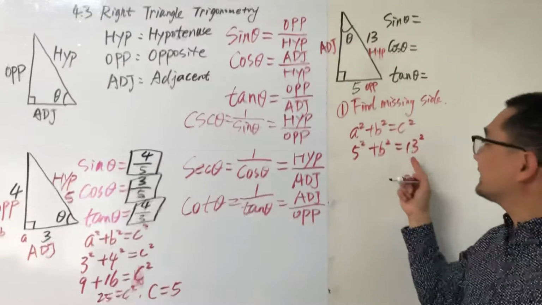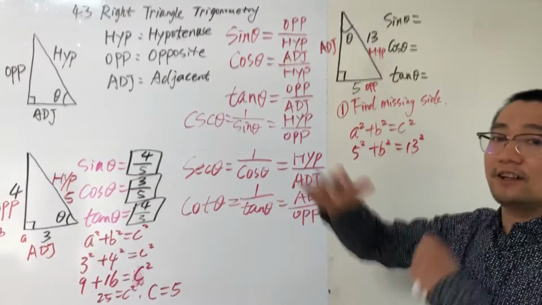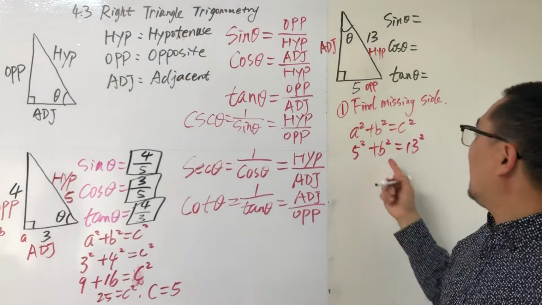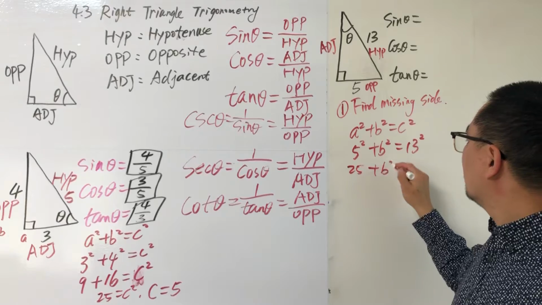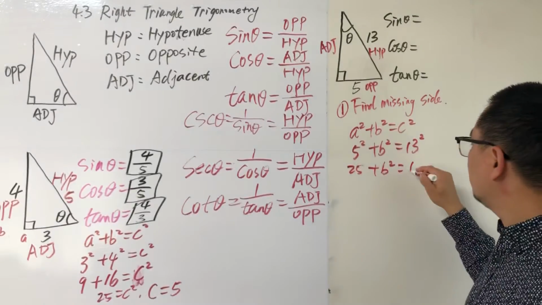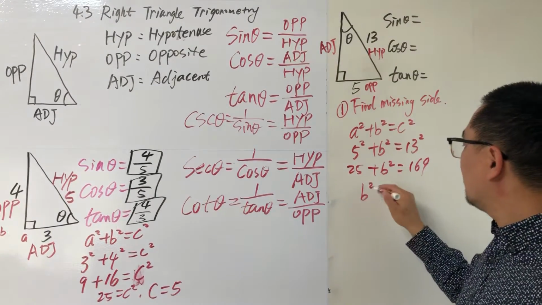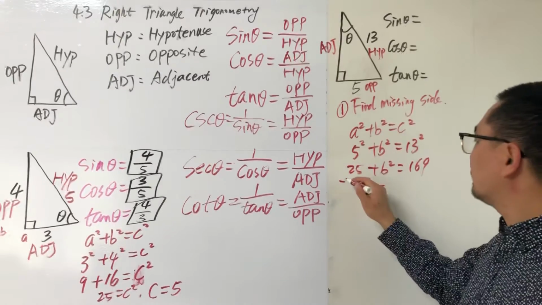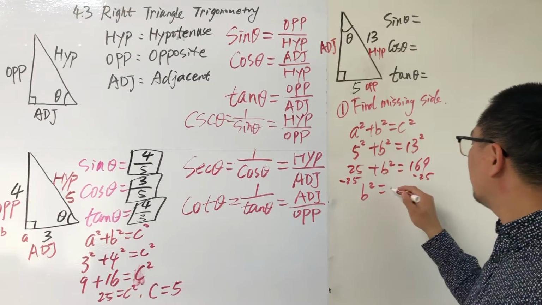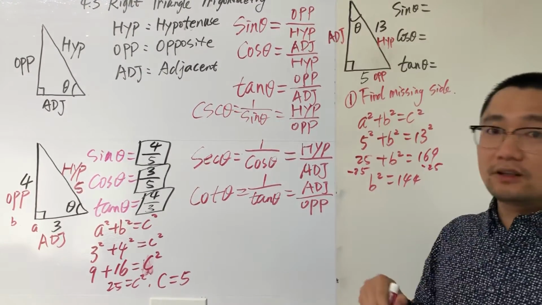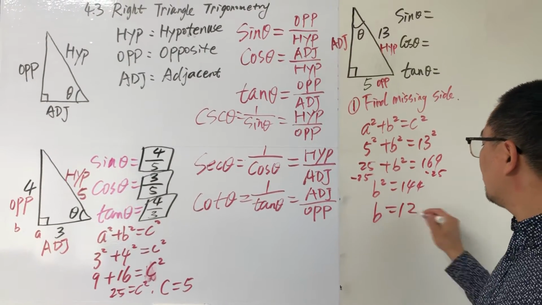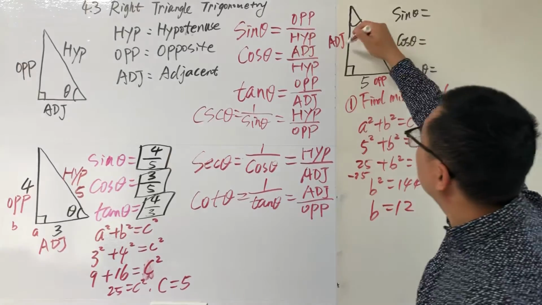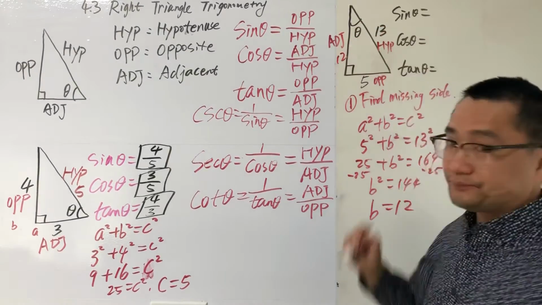Because c is the hypotenuse. C is the longest side. So now, how can we find out b? So that means 25 plus b squared is 13 squared, which is 169. So that means b squared is 169 minus 25, it should be 144, right? So 144, that means take the square root of both sides, you get b is 12. So that means adjacent is 12 here.